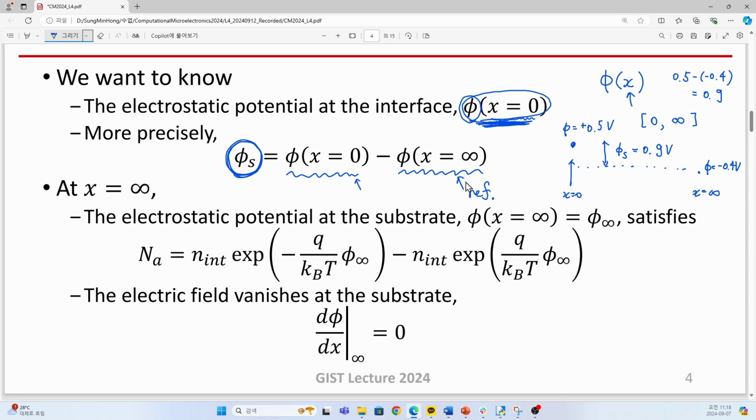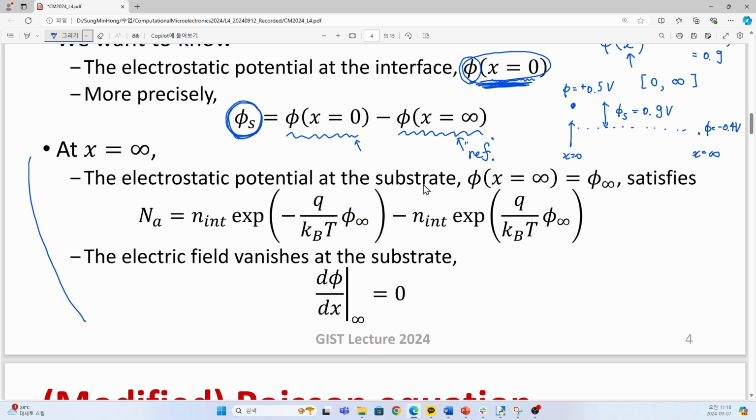So then, what is this reference value? Here I have made some summary on the values at the deep substrate. At the substrate, we believe that everything is so uniform. Although this is a certain position, for example 10 micrometer, and this is 20 micrometer, everything is just the same, no change in their physical quantities.